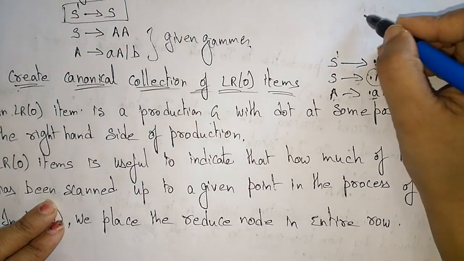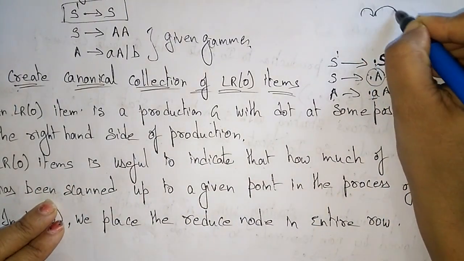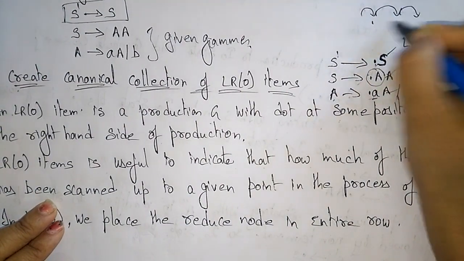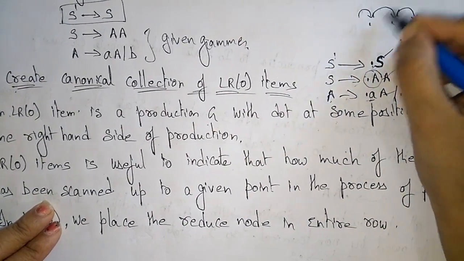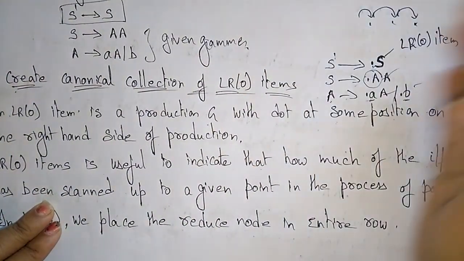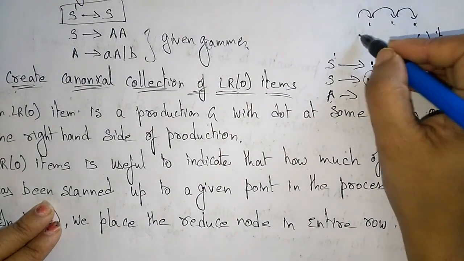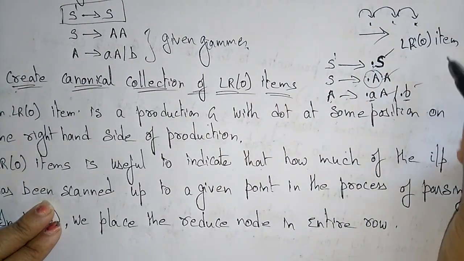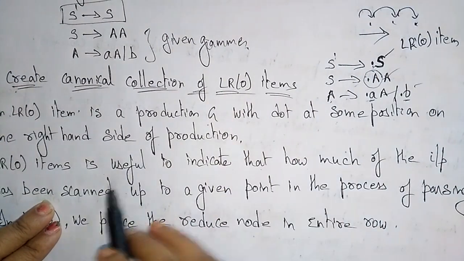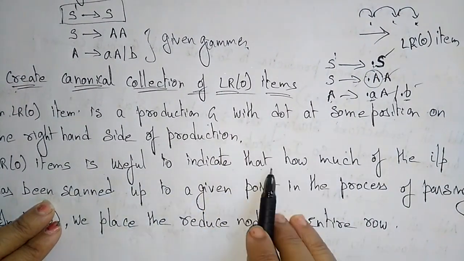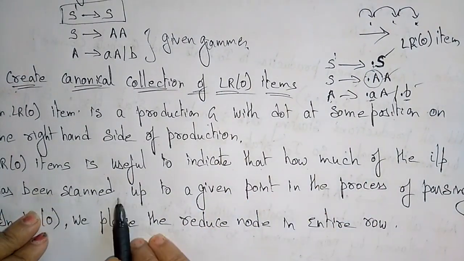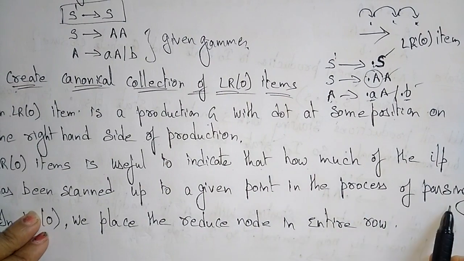For each and every step the scan moves to the right-hand side. It is the rightmost derivation. So the dot is useful to indicate how much of the input has been scanned up to a given point in the process of parsing.